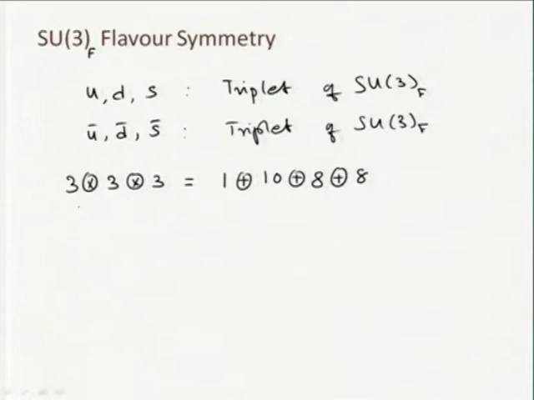Similarly, we can combine other spins as well. So, in a similar fashion, we can think about 3 triplets forming 2 octets, a decouplet and a singlet.